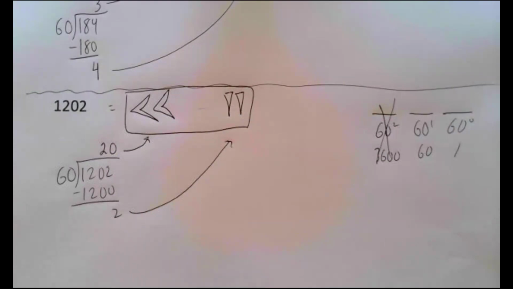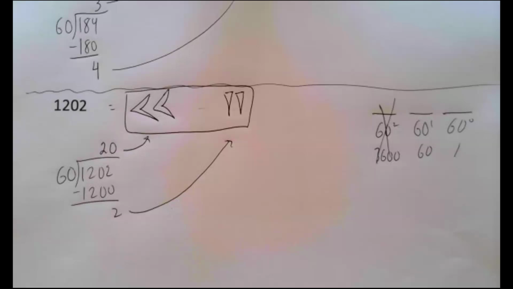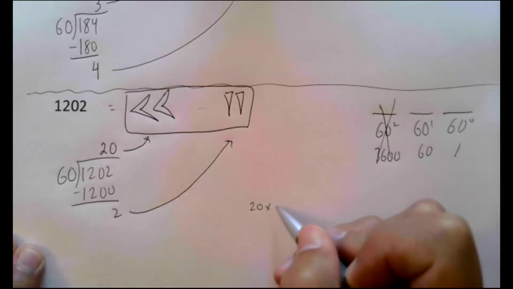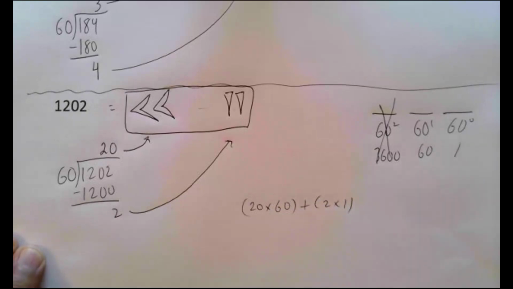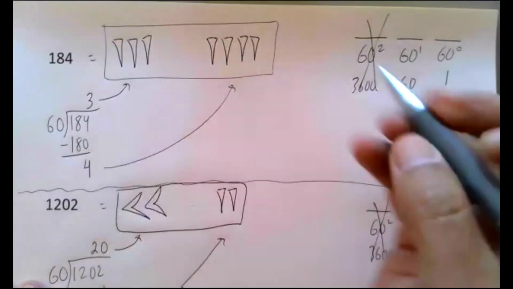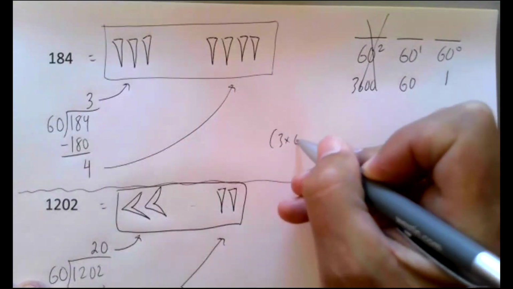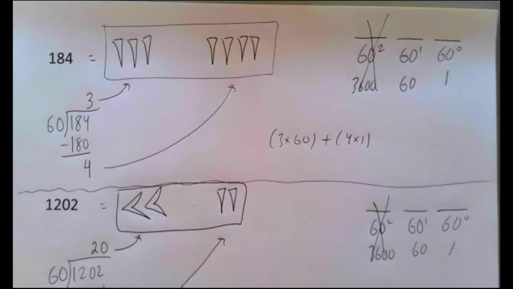If you did that on your calculator, 20 times 60, and then 2 times 1, and add those up, you would get that. Same thing up here. If you went on your calculator and did 3 sets of 60 plus 4 sets of 1, that would be the same as 184.